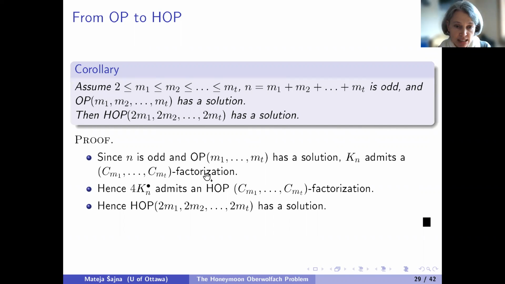And so by the previous lemma, the fourfold complete graph admits an HOP two-factorization of this type, and that gives us a solution to HOP with twice the cycle lengths. All right, so that's the easiest case when we can use previous decompositions of complete graphs. Notice that a solution to OP with even order is not helpful because a two-factorization of Kn minus one factor will not be helpful in this case.